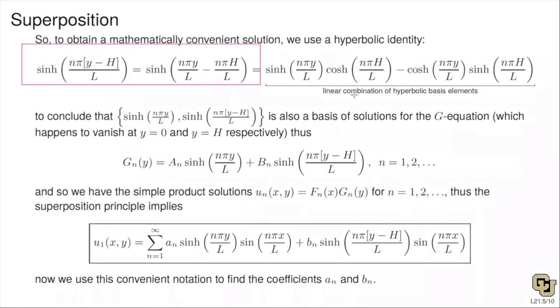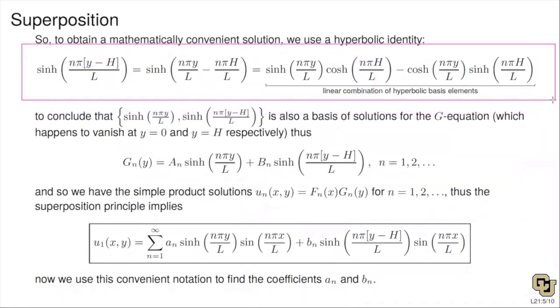We have a hyperbolic identity, which allows us to write sinh of n pi (y minus h) over L as a linear combination of our basis elements. So here's a sinh n pi y, here's the cosh n pi y. Those are our basis elements. These other two terms are just a constant.